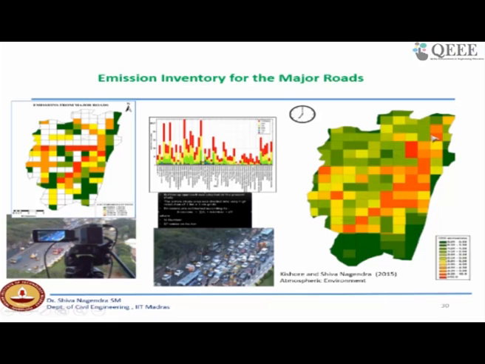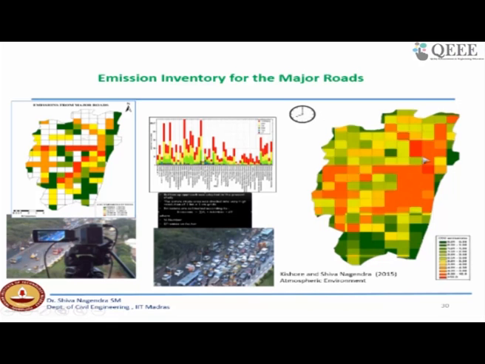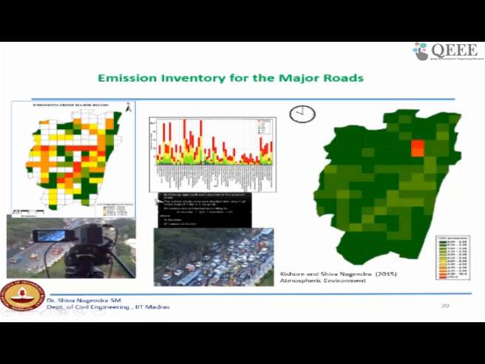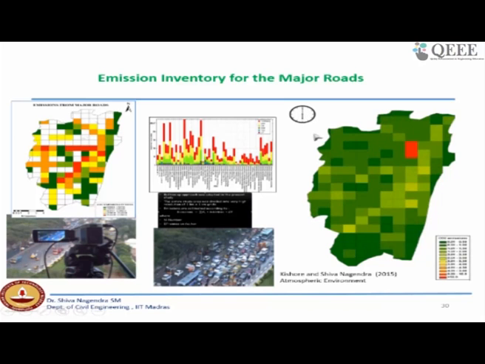Now coming to the other areas, around 8 to 9 the emissions will become red, and again around 4 and 5 the emissions will become red. It only indicates that there are more roads and more traffic, hence more emissions. So traffic emissions will be significant during the morning peak hour and evening peak hour.